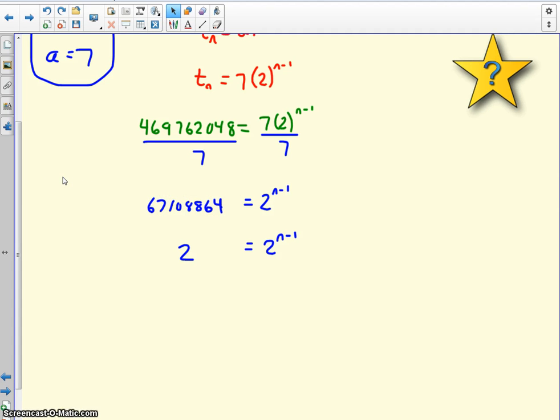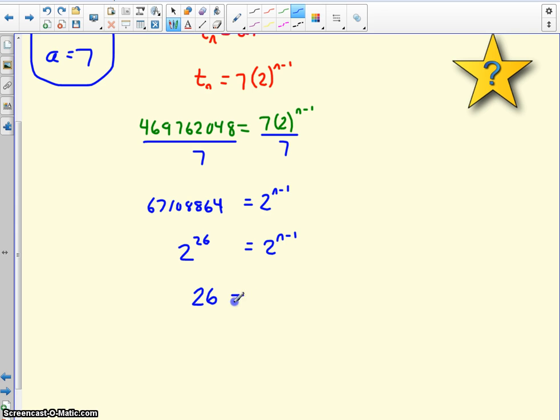So you can use some trial and error in your calculator. Try different exponents of 2, and you'll eventually narrow in on that. So 2 to the exponent of 26 will eventually work, and again, it'll take some trial and error. Don't expect you to just recognize that this is equal to this, but if you try a couple in your calculator, you'll narrow in on the answer after a couple tries. So once you have this being the case, you can now equate the exponents.